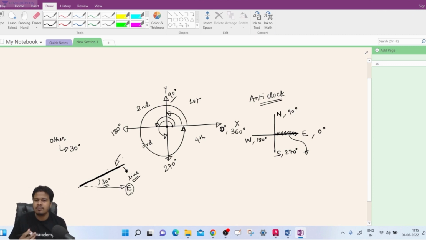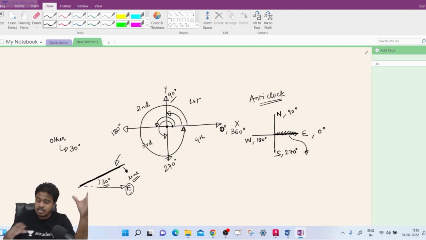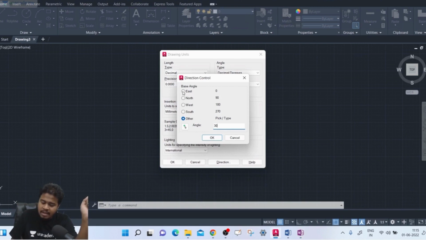Now, do we have to specify this? Because this base angle, this baseline for measuring the angle, plays a very important role once we start going into the options, going into the commands, more commands. So this will play a very vital role in future. Okay, so listen carefully. As of now, I will set east.